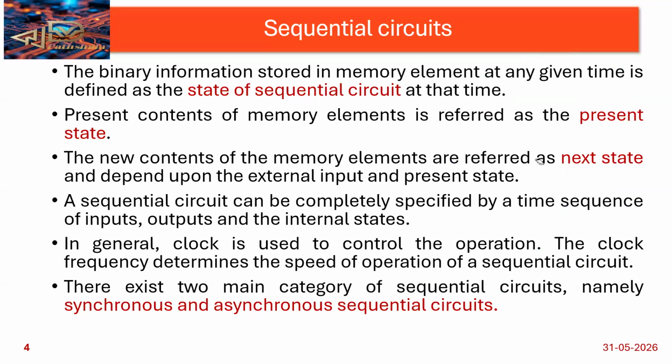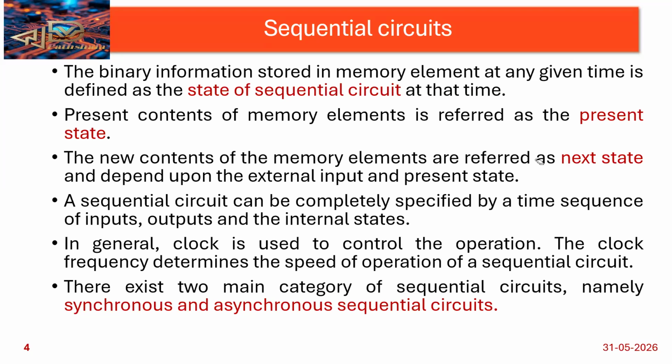In sequential circuits, we have two types: synchronous and asynchronous sequential circuits. Suppose in binary information one memory element is there, then that acts like a sequential circuit. The memory element stores the state of the sequential circuit. If we give the memory content as the present input, it is taken as the present state.